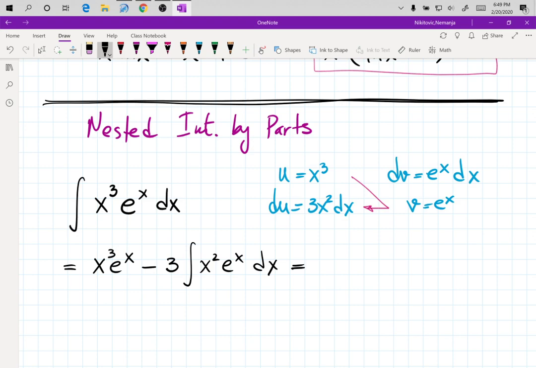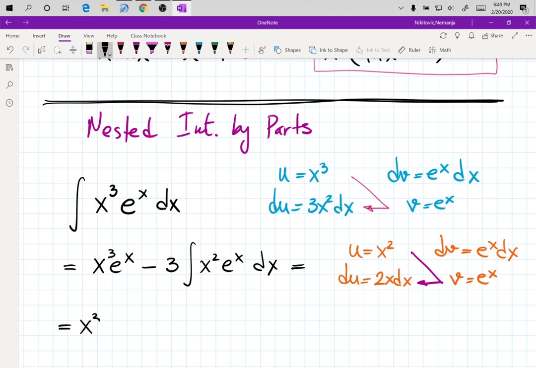So you have to do integration by parts again for the integral, and you will copy everything else. Let's go orange. u is equal to x squared, dv is equal to e to the x dx. du is equal to 2x dx, v is e to the x. And then we put our arrow.